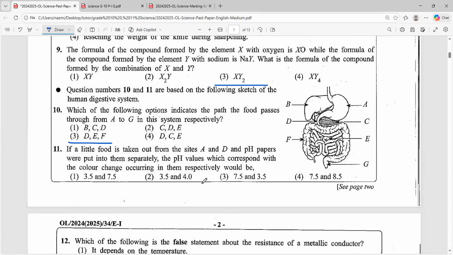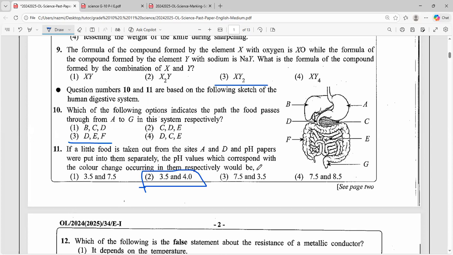Acid means pH less than 7. So it should be 3.5. Now when you come to D, it will also be acidic but a bit less acidic. So 3.5 and 4 only it has to be. Second one.